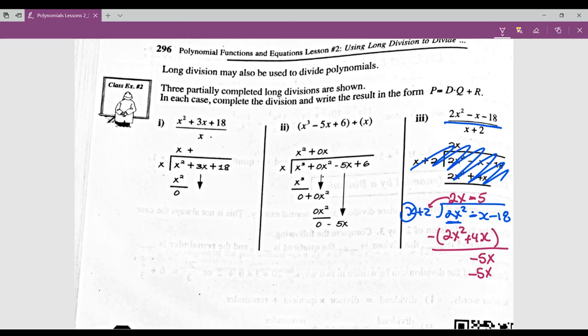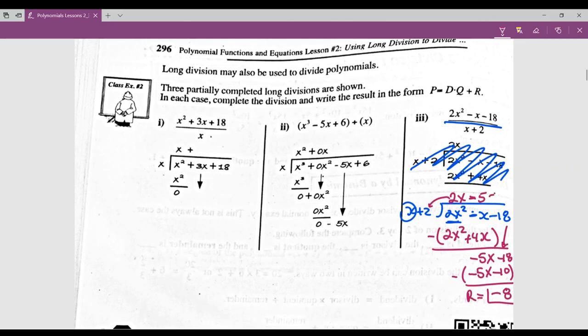Negative 5 times 2 is negative 10. And I should have brought down the minus 18 here. Subtract, you're always subtracting. Negative 5x minus negative 5x, so plus 5x. Those are gone. Negative 18 minus 2 negatives make it positive, so negative 18 plus 10 gives me negative 8. That is my remainder.